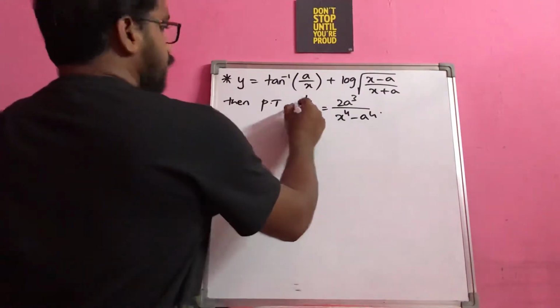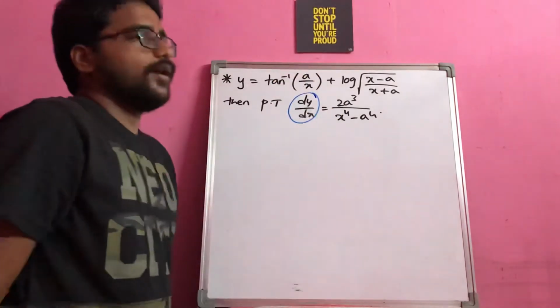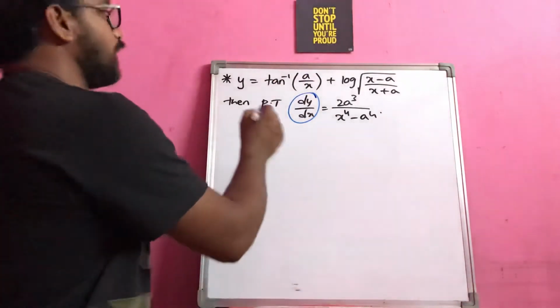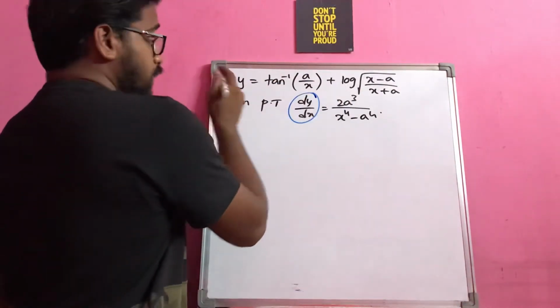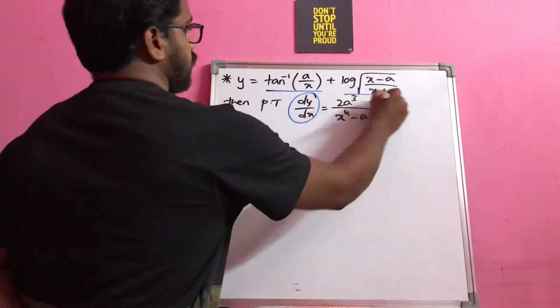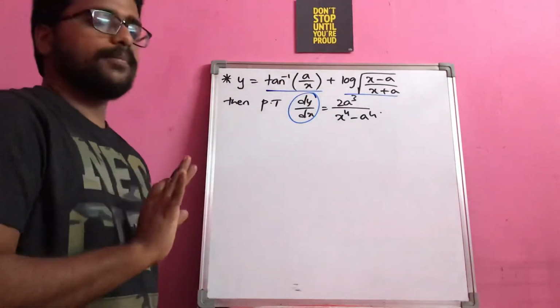See, ultimately we have to find out the value of dy by dx. If you observe the question, there is no power function here, so you need not apply any logarithm.